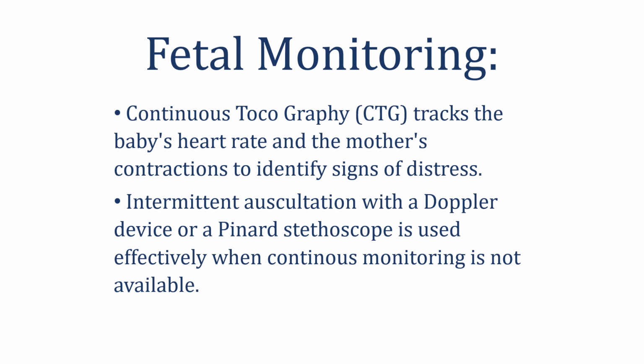Continuous cardiotocography or CTG tracks the baby's heart rate on a continuous basis and even during the mother's contractions to identify signs of distress. Intermittent auscultation with a Doppler device or a Pinard stethoscope can be used effectively when continuous monitoring is not available.